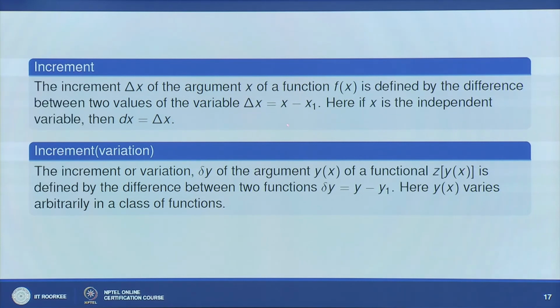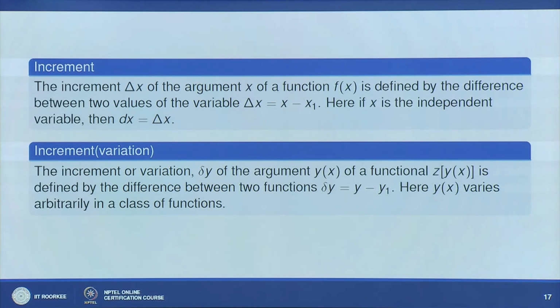So in classical analysis it is just a difference between two values of x, but here in variation it is the difference between two functions. So here we need to define this variation in a proper way.